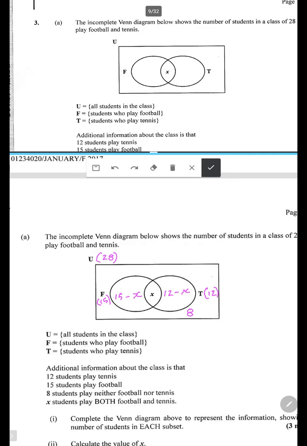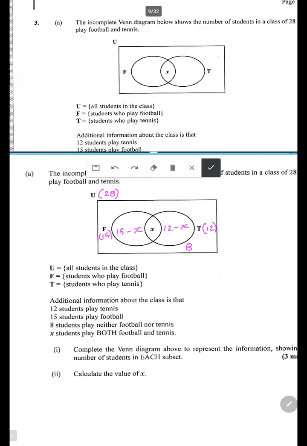The next part wants us to calculate the value of X.